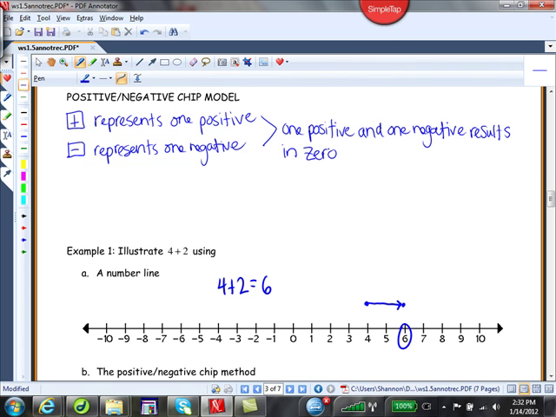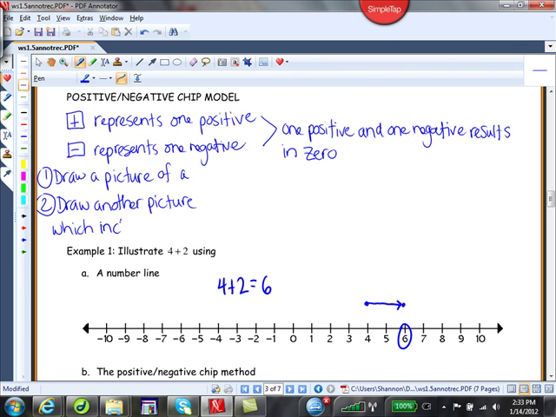Okay. So the steps for this one are you draw a picture of a, and then secondly, draw another picture which represents a and b.